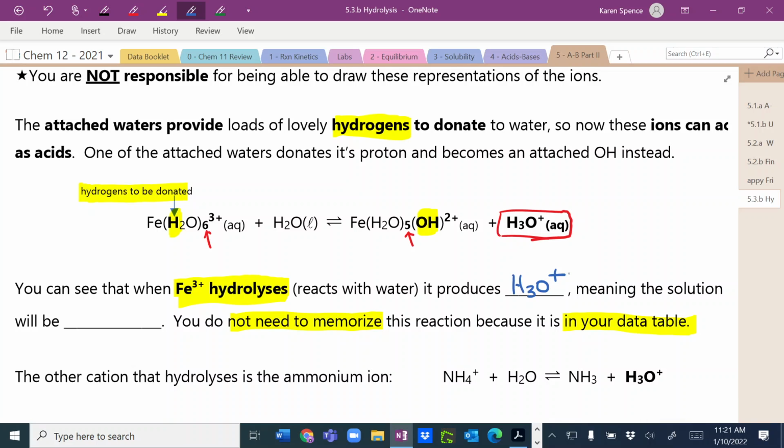Will it be acidic, basic, or neutral? Remember, hydronium is essentially the same as hydrogen, and so the solution will be acidic.